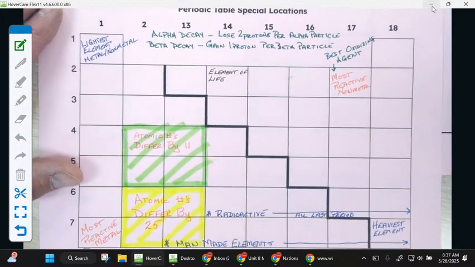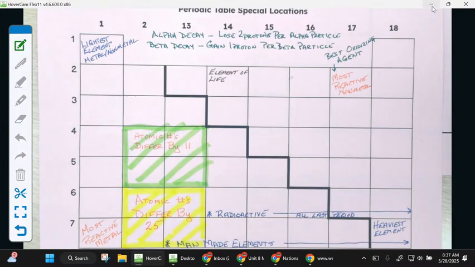Now you may be asking, ladies and gentlemen, how do you gain a proton? During beta decay, a neutron in the nucleus of an atom breaks apart into a proton and an electron. The electron gets shot out of the nucleus because it doesn't belong there, but the proton gets left behind.